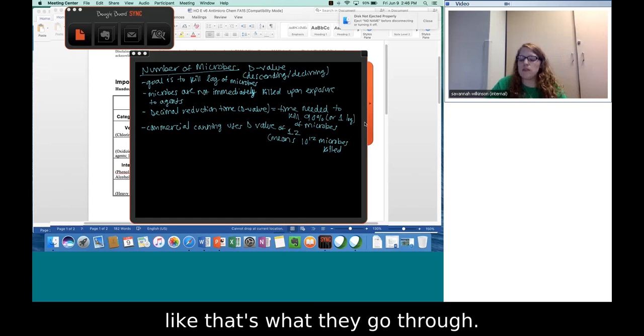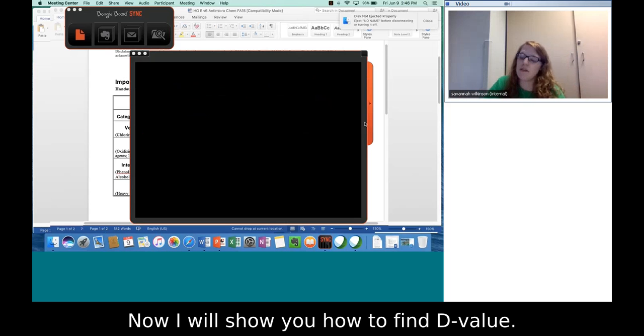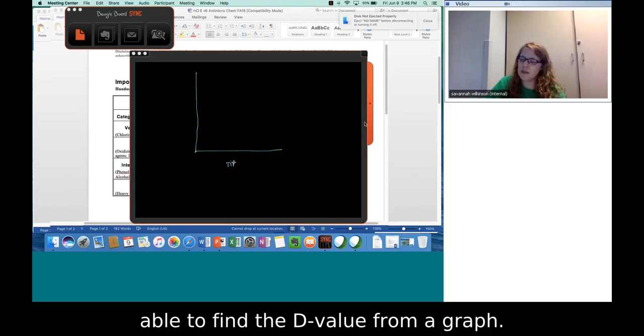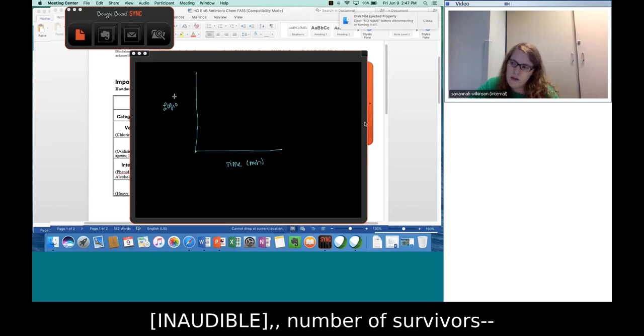And okay, so those are points to know about D value. Now I will show you how to find D value. Normally on the test, you need to be able to find the D value from the graph. Number of survivors.